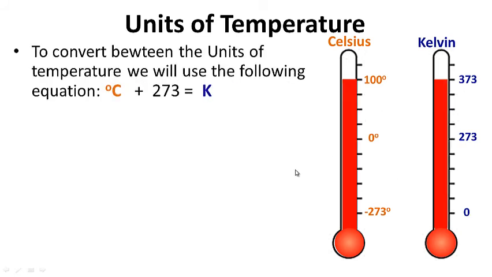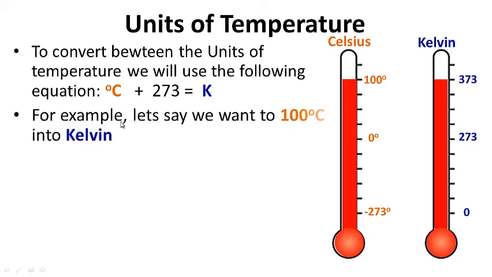Well, today we're going to learn how to convert between these 2 scales. To convert between the units of temperature, we will use the following equation. Degrees Celsius plus 273 equals Kelvin. So, for example, let's say we want to convert 100 degrees Celsius into Kelvin.